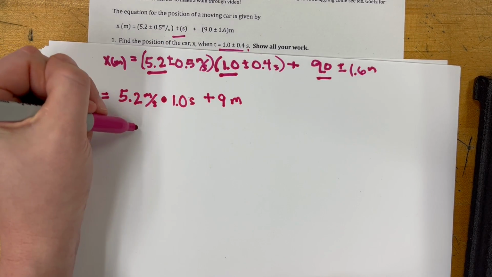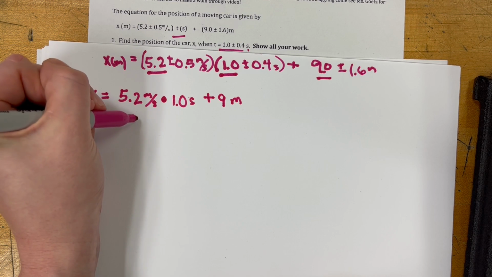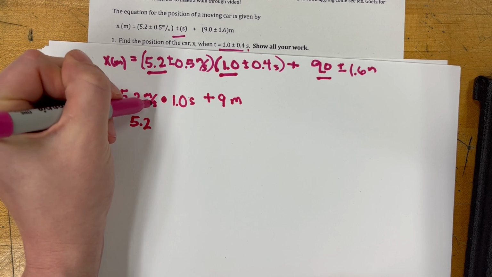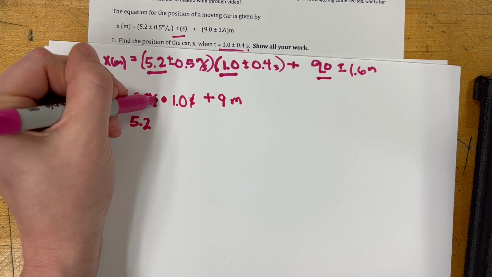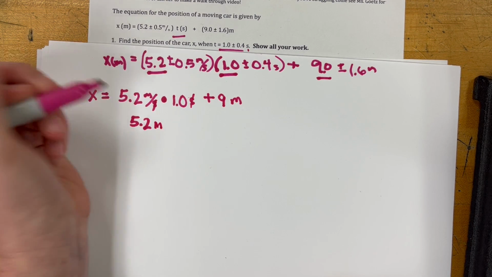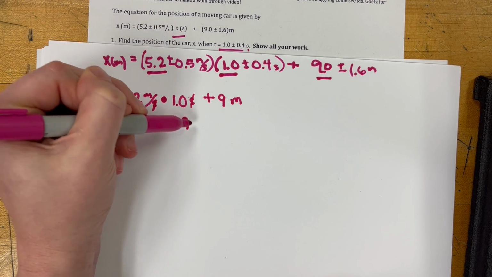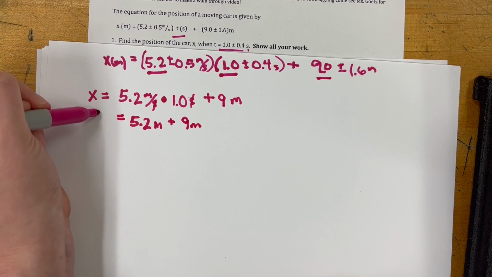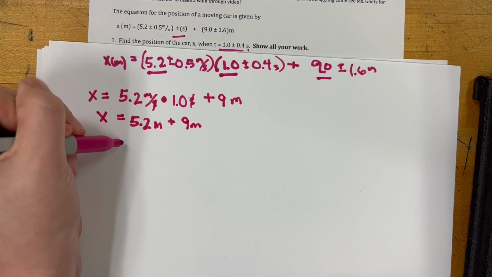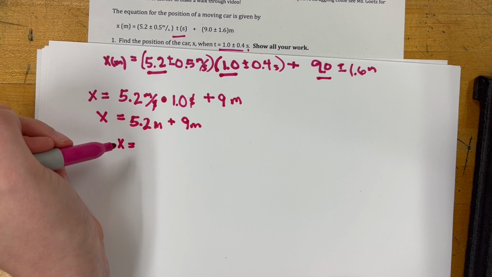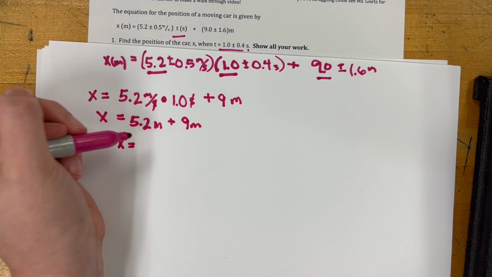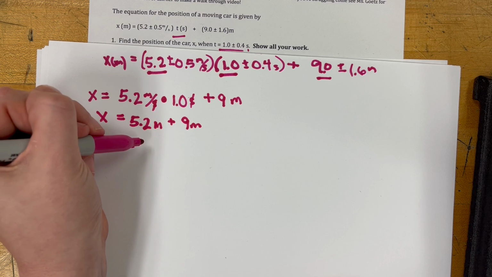So 5.2 times 1 is 5.2. We've got seconds in the denominator, seconds in the numerator, the upstairs and the downstairs, they cancel out. I'm left with meters. And I have 9 meters. So again, my position x is equal to 5.2 plus 9, which is math that I can do in my head.